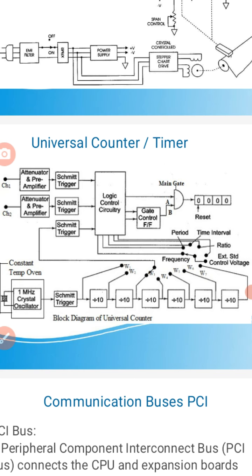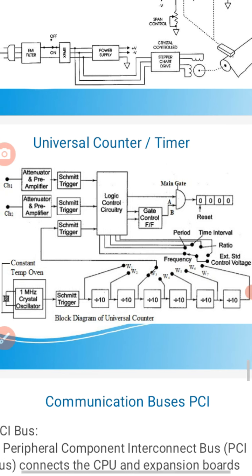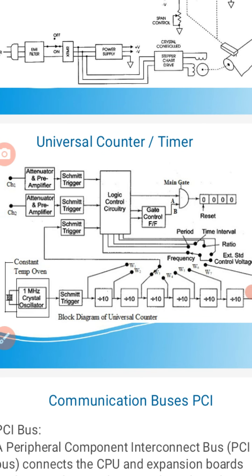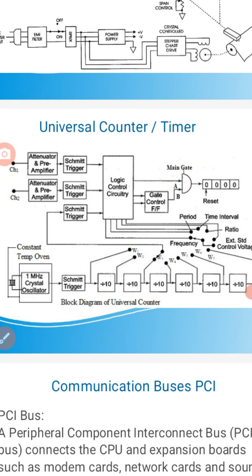The crystal oscillator offers excellent frequency stability. In order to improve on the long-term frequency stability, the crystal oscillator is kept in a constant temperature oven. The output of the crystal oscillator is given to a Schmitt trigger circuitry. This converts sinusoidal voltage of the crystal oscillator into train of pulses.